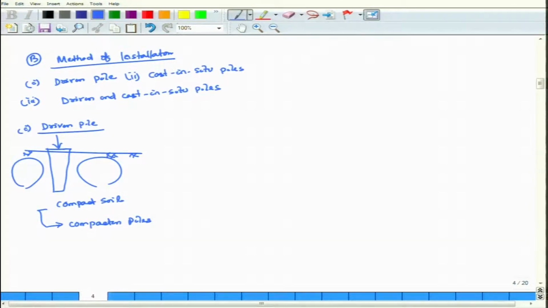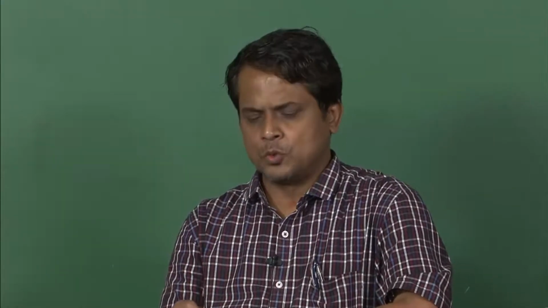Then second one is your cast in situ. What does it mean by cast in situ? First, what we are supposed to do?